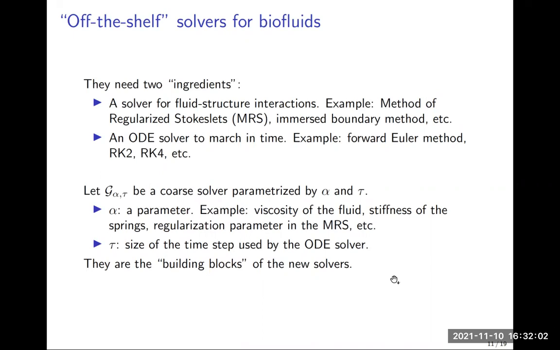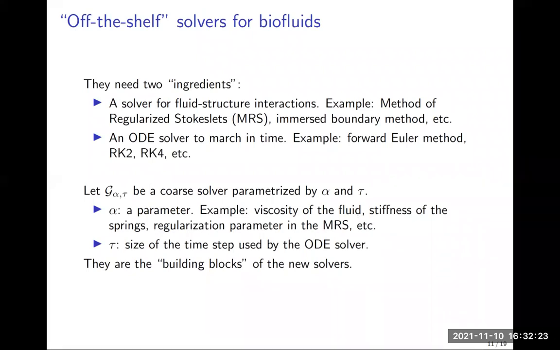So I hope that's clear. So for this G, you can just think of any solvers you're currently using. Just note that we need the flexibility to change some of these parameters. This is a little bit weird at this point, perhaps, because the viscosity of the fluid is usually set in stone, right?